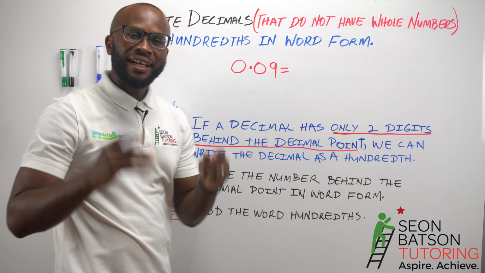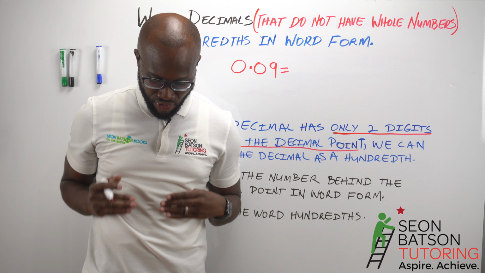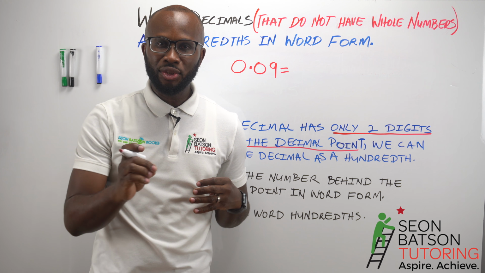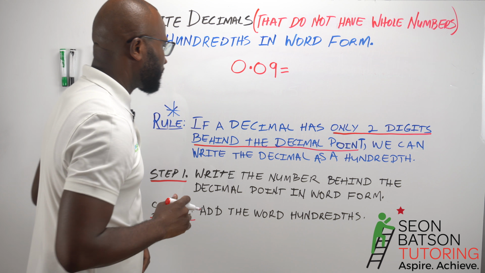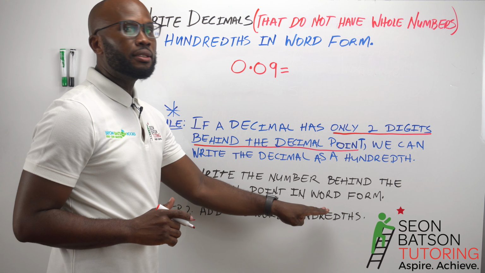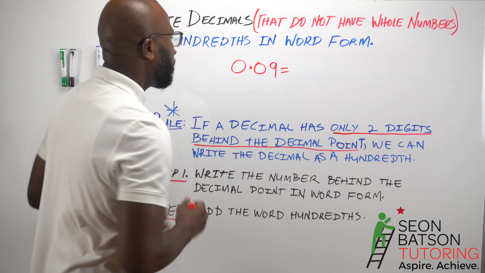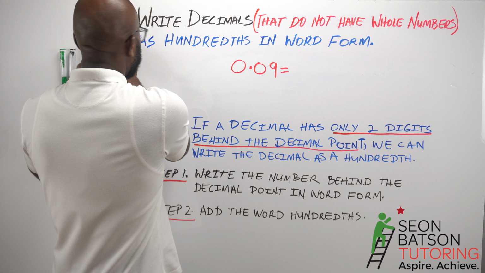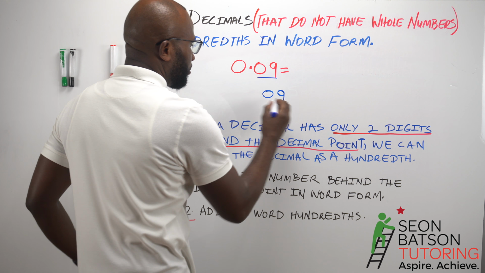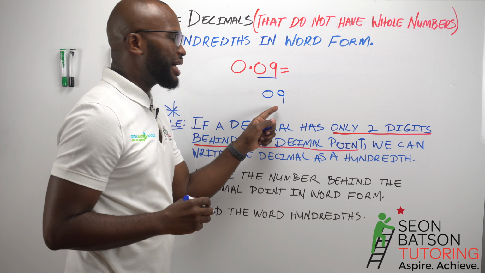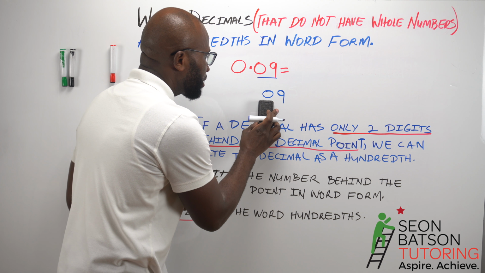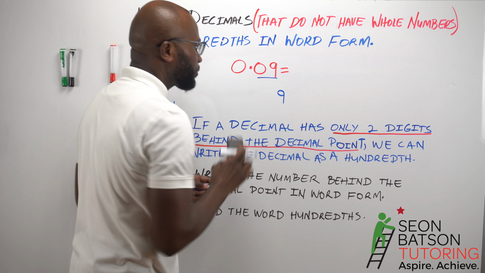Listen, I'm feeling so good right now because I know that every single one of you got this answer correct. Let's get to it. Step 1, we're going to write the number behind the decimal point in word form. What do we have behind our decimal point here? We have 0.09. We know if we were to see 0.09, we wouldn't say 0.9. Since the first digit in this number is 0, it has no value.